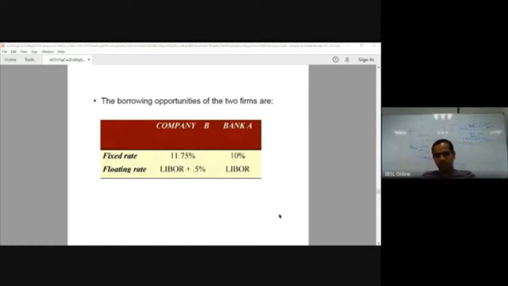So these are the borrowing opportunities for the two companies, A and B. Because of A's higher credit rating, it can always borrow at a lower rate. A will borrow at 10% fixed and 11.75% floating. B will borrow at LIBOR plus 0.5% floating, and A will borrow at LIBOR floating. According to this table, B has a comparative advantage in borrowing fixed rate, because if they borrow floating, they'll have to pay only a 0.5% premium. But if they borrow at a fixed rate, they'll have to pay a 1.75% premium.